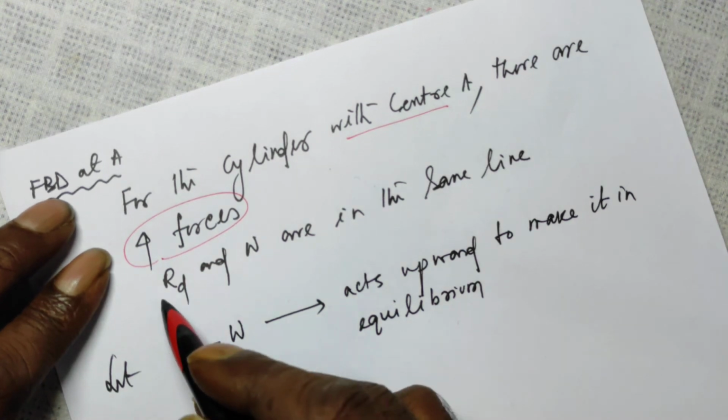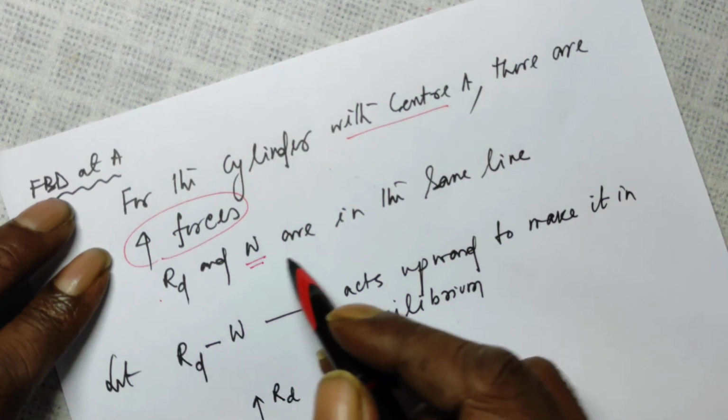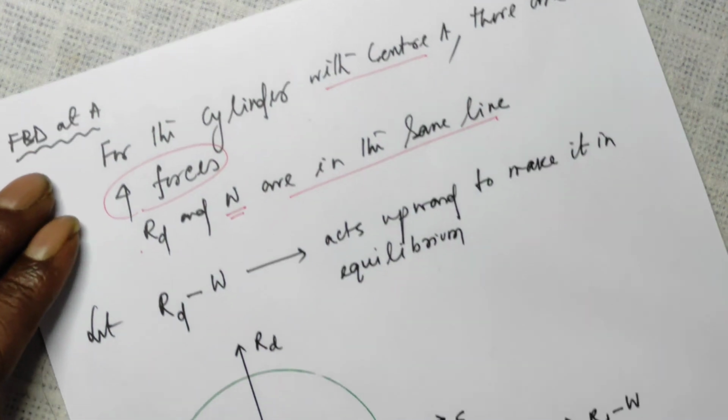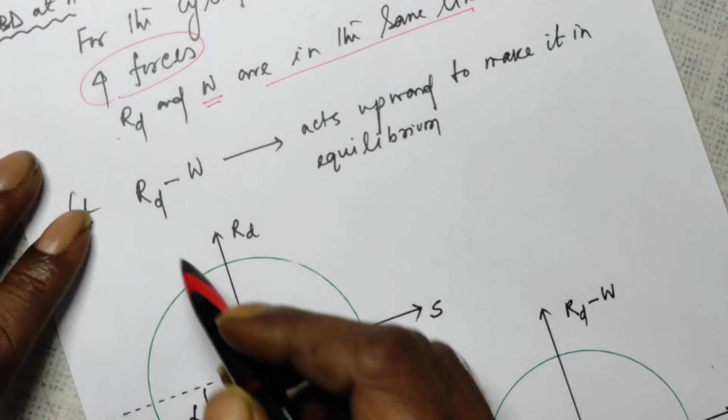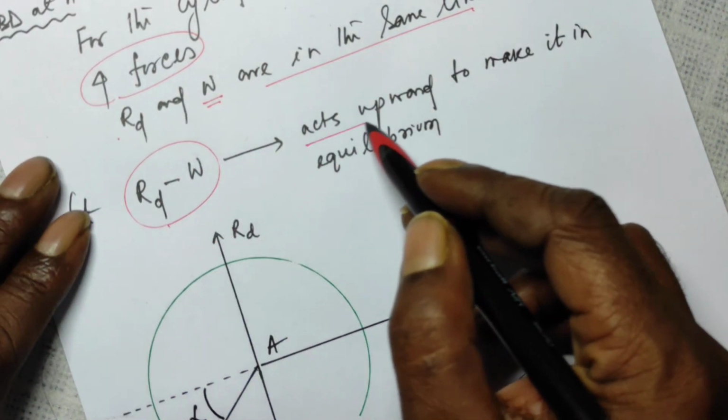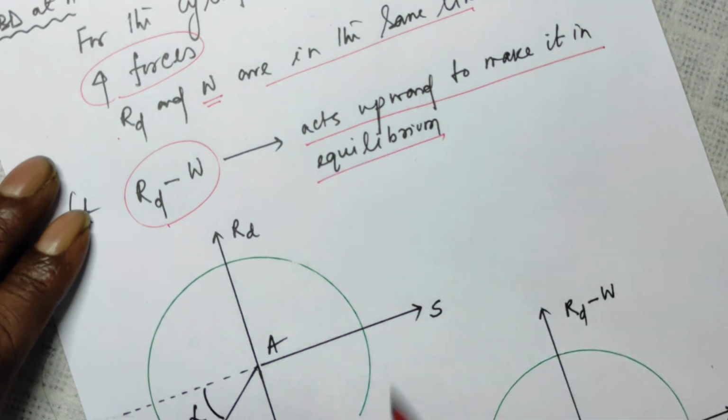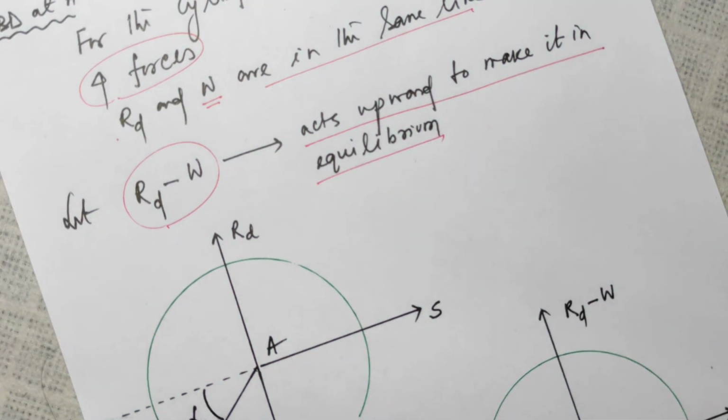But RD and W are in the same line, meaning they are collinear. Since the reaction force at D and W are collinear, let us assume that RD minus W acts upward to keep the cylinder in equilibrium. So the four forces are now reduced to three forces for the cylinder with center A.